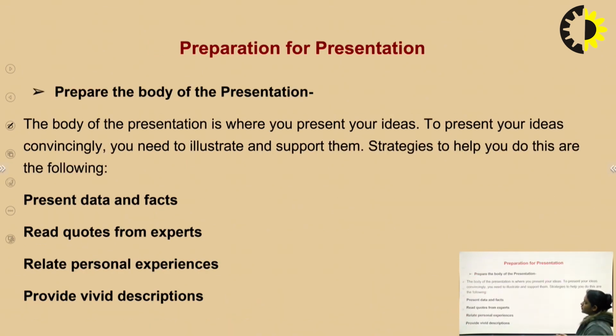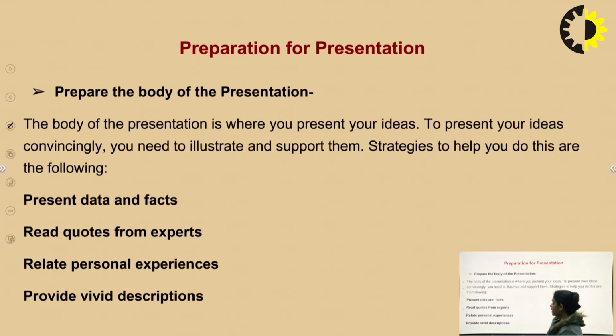Then comes the preparation for the presentation. So after planning these things, after audience analysis, selecting a topic, then defining the objective, time, place, and so on, after considering all these factors, then we come to its preparation.